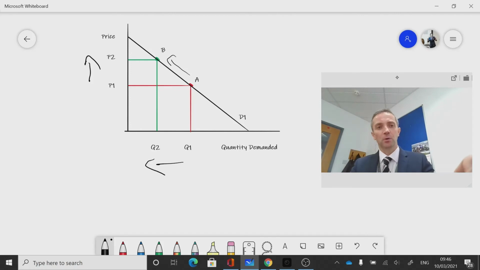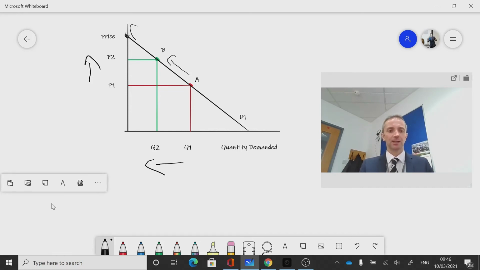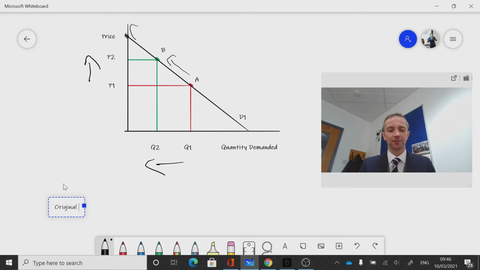I'll just add one more label, and that will then enable us to identify all of the things that you would be expected to be able to do either on an essay question or perhaps more likely a multiple choice question. So let's add some text here. Let's consider, first of all, the original consumer surplus.